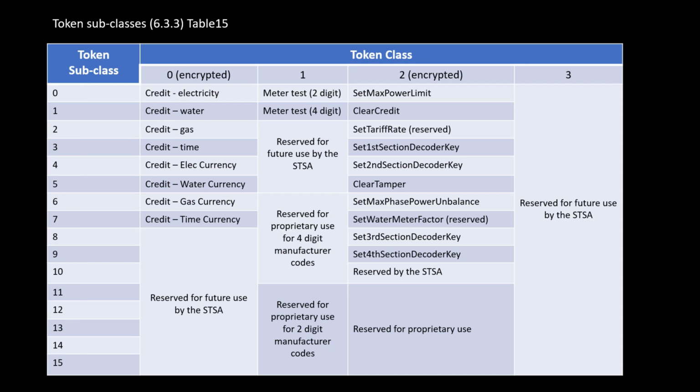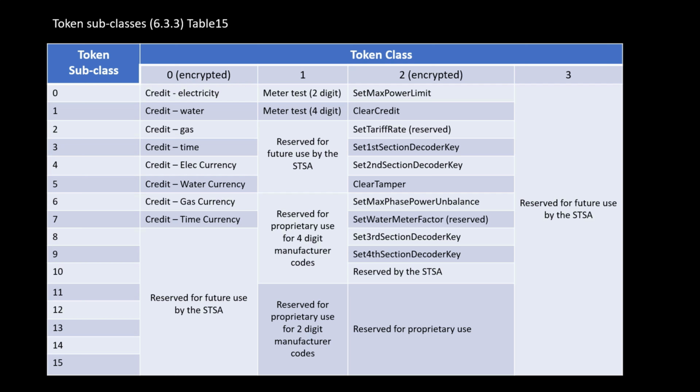Then we have token class 2, which are encrypted, and I'll go down from subclasses 0 to 15. You have set maximum power limit, which we've discussed already, clear credit, set tariff rate, which is a reserve token. Then you have the set first and second section decoder keys, that's our key change tokens.